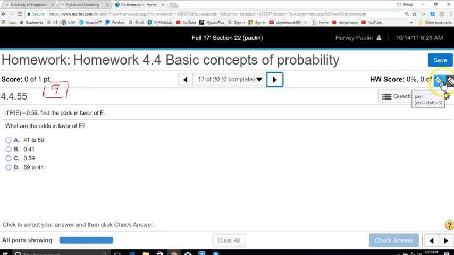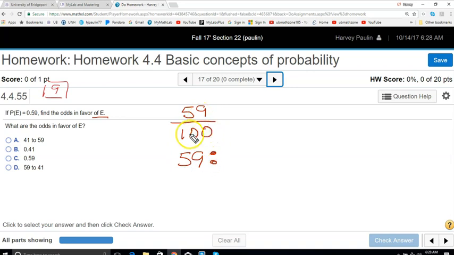All right, number 9. Here we know our probability is 59 out of 100. That's what they're saying. Find the odds in favor of E. Well, again, it will be 59, and then subtracting 59 from 100, you get 41.